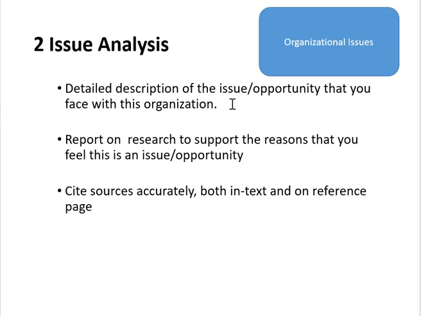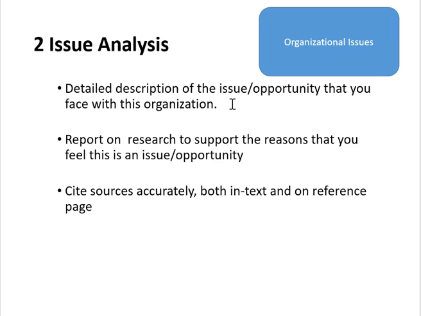And look at research to say why you feel this is an issue or opportunity. For example, if you're in a nonprofit and you're doing a youth conference, what are some of the things that the research says about the need for youth conferences?